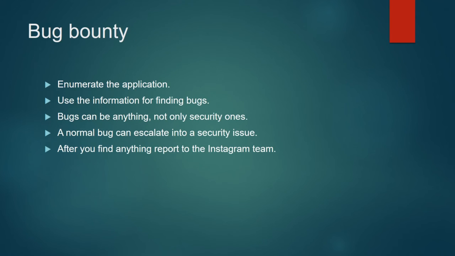And now let's move on to bug bounty. So bug bounty is the procedure of finding bugs and then reporting them to, for example, Instagram, we are talking about Instagram, so you are expecting some kind of a reward or bounty for your job. So this is what gray hat hackers do.